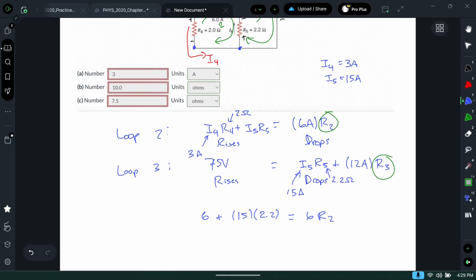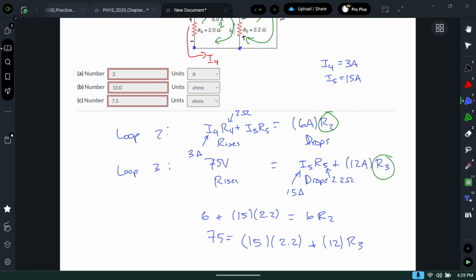And then for loop 3, our equation is 75 equals 15, that's I5, times R5, which is 2.2, plus 12 R3.